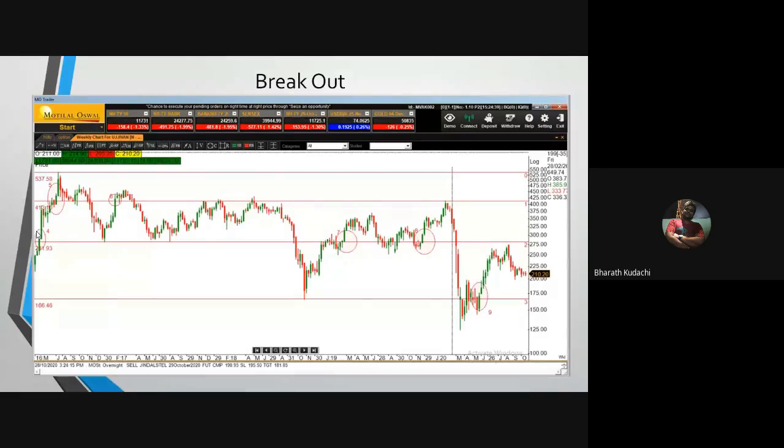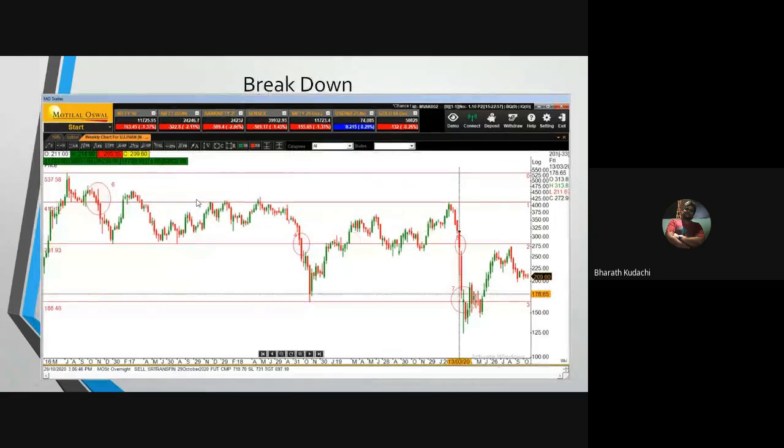So this can go on. In any scenario there may be a breakout in resistance or support. So next we'll be seeing breakdown. Here you can observe the candle is coming down because there is a bearish market. As the stock price comes down, there is a breakdown. So at this point, there is a breakdown. Here also there is a breakdown. Here and here.